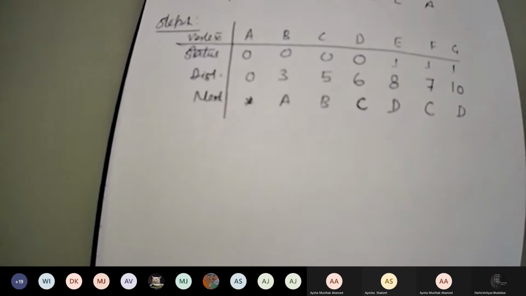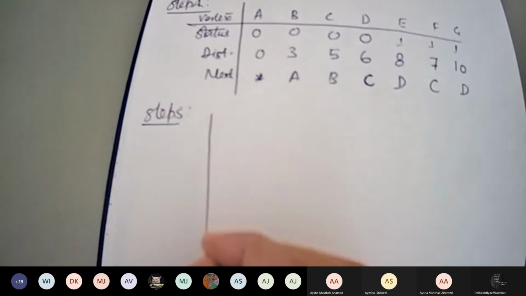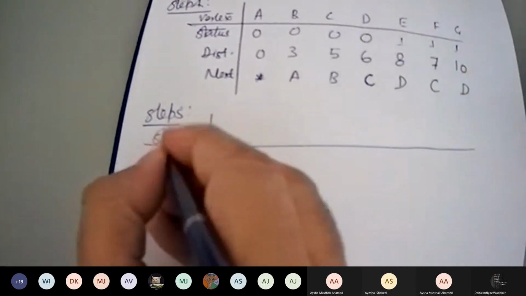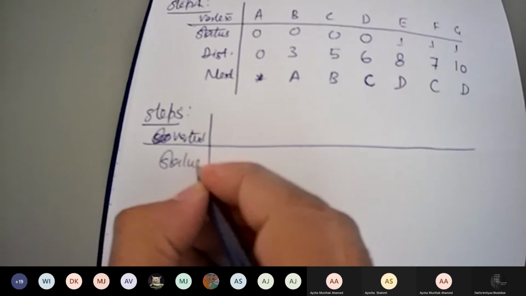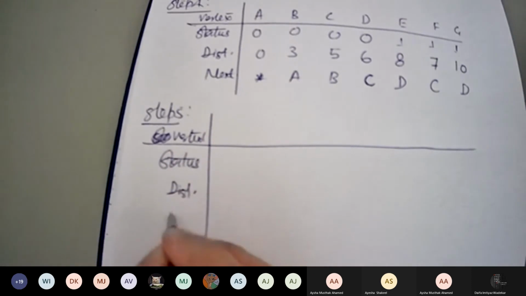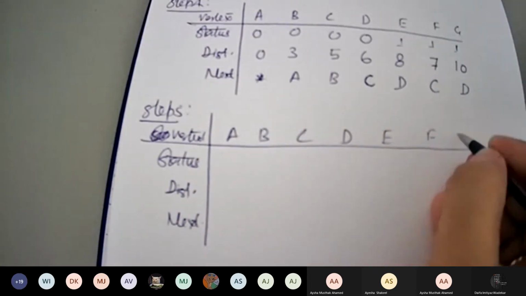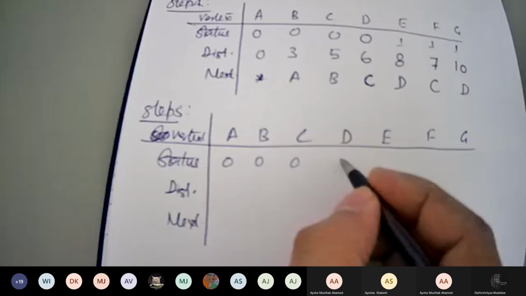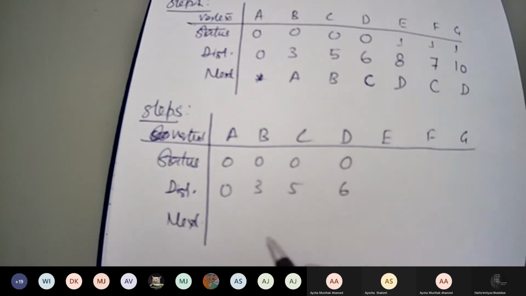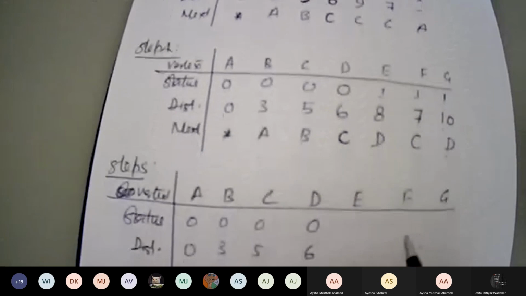Now here, if you can tell me, 0, 0, 0, 0, then 0, 3, 5, 6, A, B, C. Now tell me, which one will take status 0 here: E, F or G?